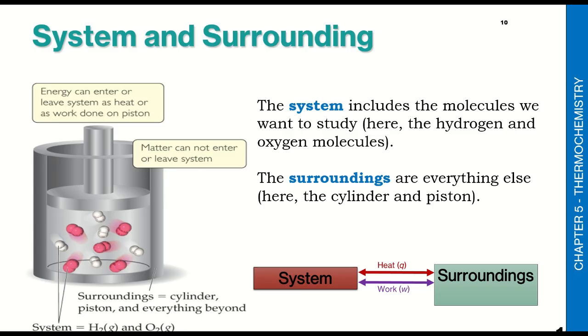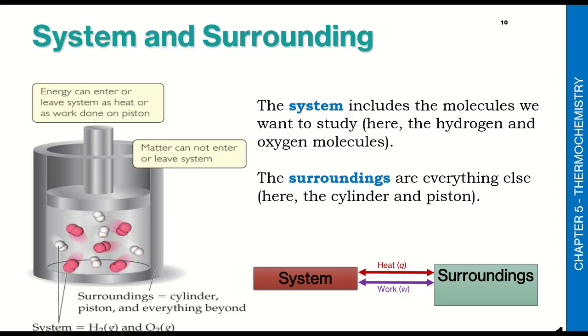So you need to understand what is the system and what is the surroundings. The system here, for example, includes the molecules we want to study. Like here we have hydrogen and oxygen inside of the cylinder. The surroundings are everything else around: the cylinder, the piston over here.